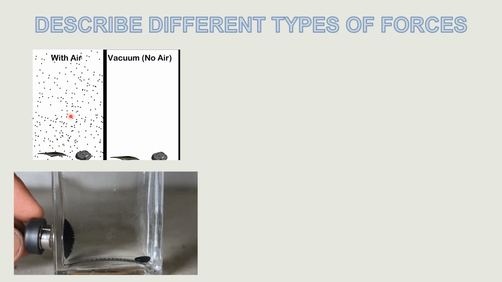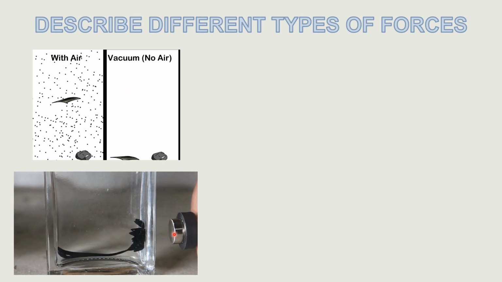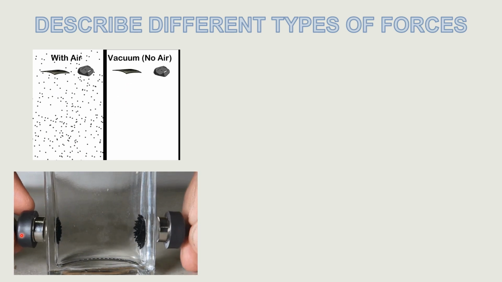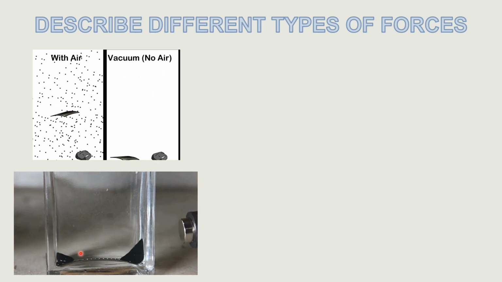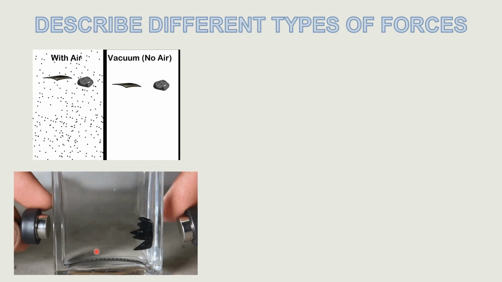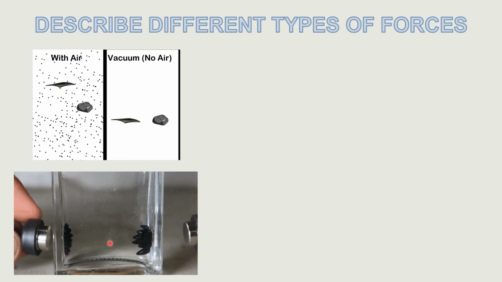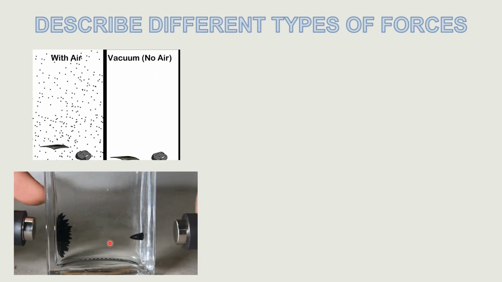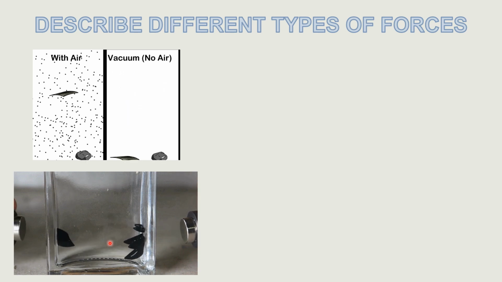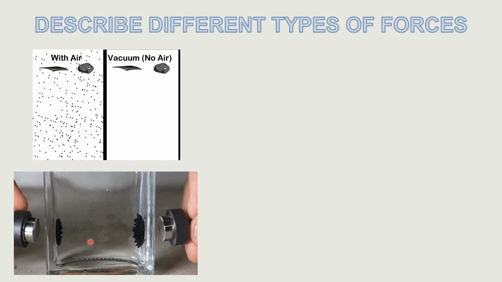In the second one, what we have here is a magnet on one side, a magnet on the second side, and inside is a substance that is made of iron, or can be something similar to this.